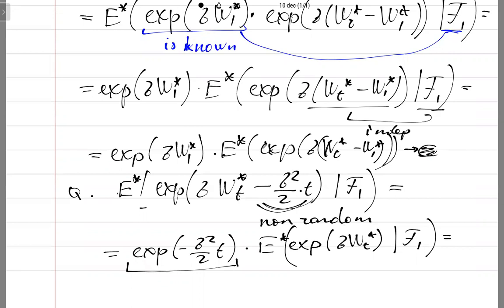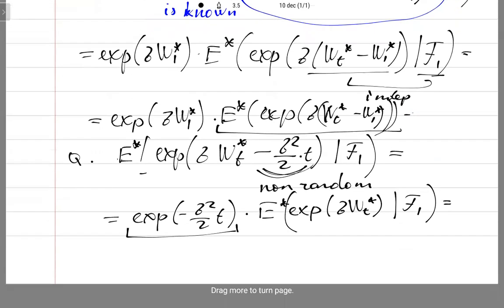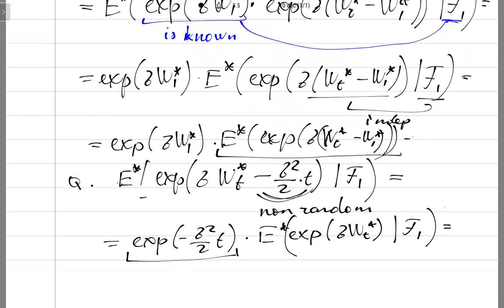Wouldn't it be 1? Why is it 1? We need to honestly check this. Okay, let's continue. We need to finish only that part. So we continue with this expression.